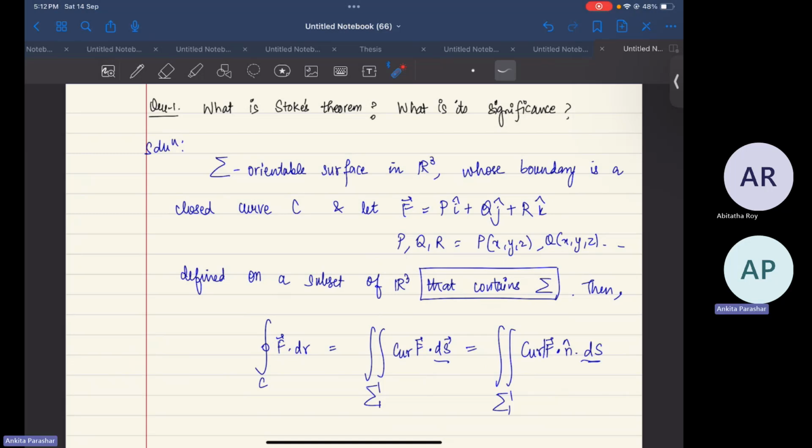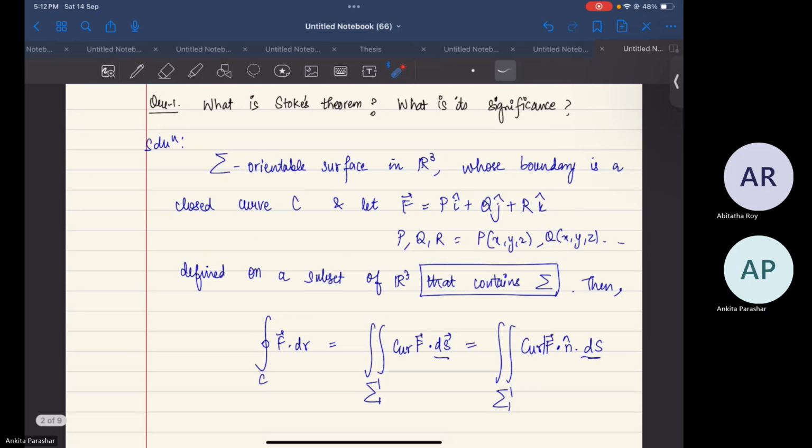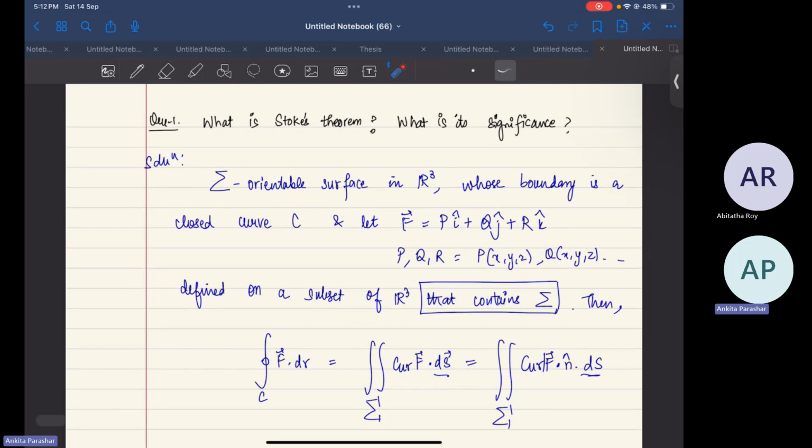Right. As you said, the significance is this: once you want to compute the line integral, sometimes you may not be able to trace the curve over which you want to integrate, but the surface is pretty fine.